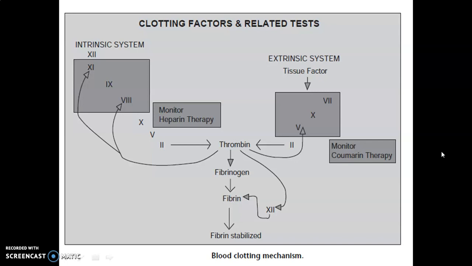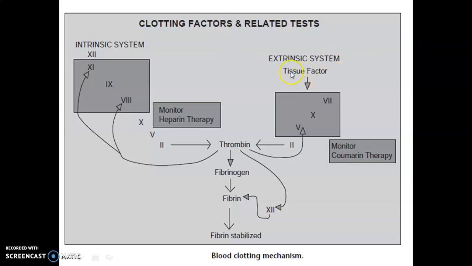The extrinsic pathway begins with a new factor, that is tissue trauma. This trauma can be to the vascular wall itself, or to the vascular tissue, and causes the release of tissue factor, also known as tissue thromboplastin.